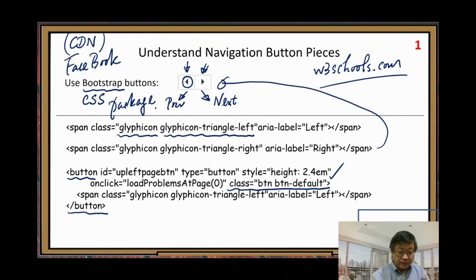All right. So then we associate with this button the JavaScript function, load problems at page 0. Remember, I explained this JavaScript function in a previous video. 0 means previous, right? 0 is the direction number, the parameter value.